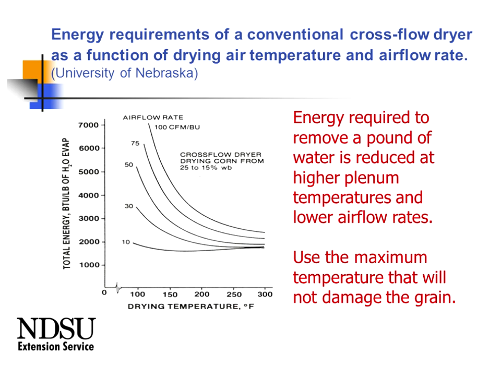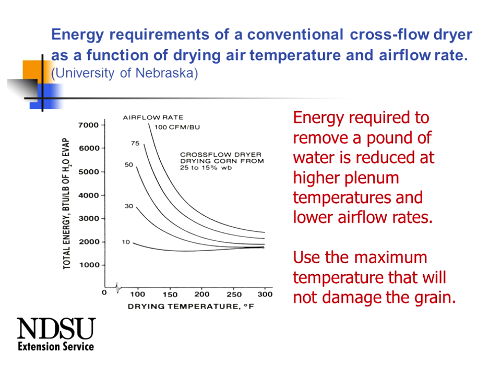But the other thing that shows up is that we definitely see a difference in energy consumption as we vary that drying temperature. And that's really where this fundamental principle comes from: to get the most energy efficiency out of the dryer, we need to use the maximum temperature that we can without damaging that corn.